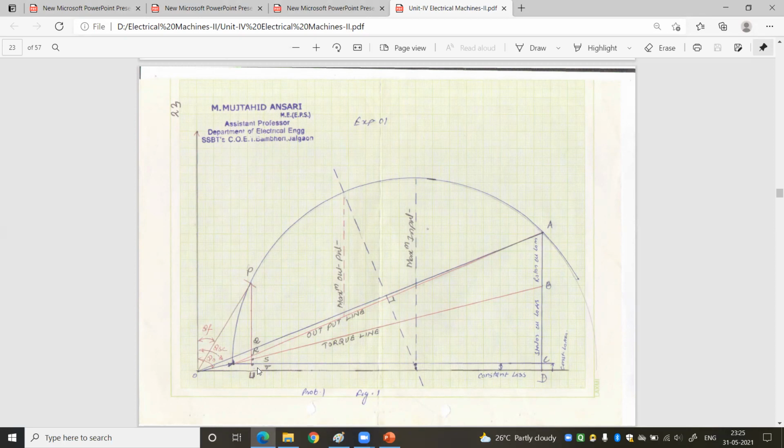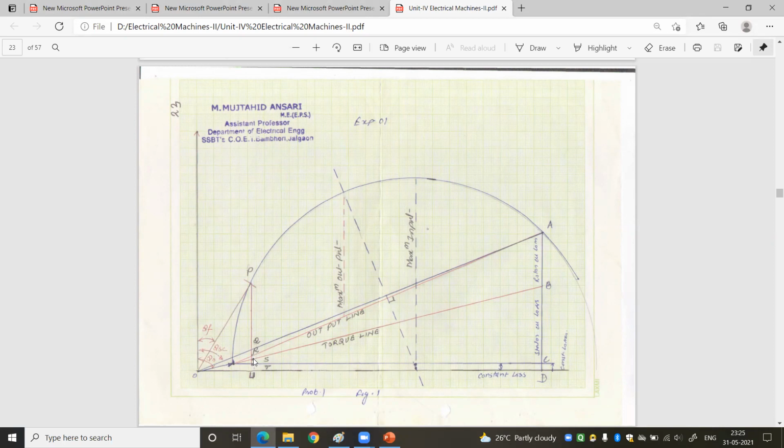So R to S is the rotor copper loss, and P2 is the output line. Rotor output plus rotor copper losses becomes the rotor input, isn't it?